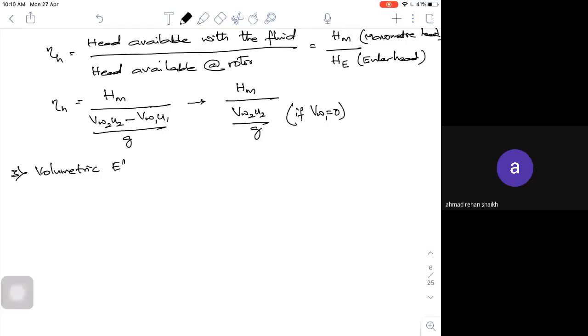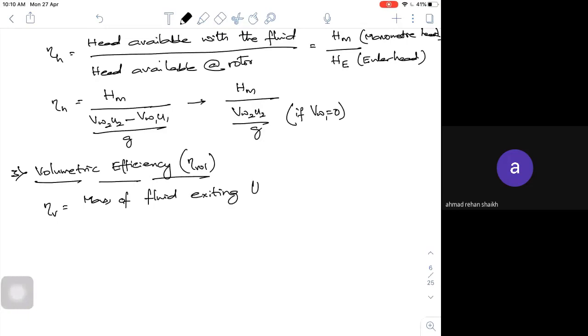This is the ratio of the mass of fluid going out or exiting the pump, that is the output, the mass flow rate or discharge from the pump, to the mass of fluid handled by the impeller or the rotor.